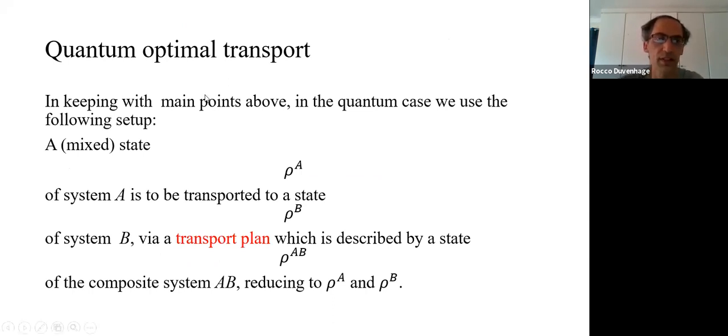So let's return to the quantum case. I'll look at a mixed state of some quantum system A. Similarly, a state of system B, and their density matrices, of course. And via some transport plan, I want to attain exactly the goal that I mentioned earlier. I want to take state rho A to state rho B using a transport plan, and the transport plan itself is a state of the composite system.